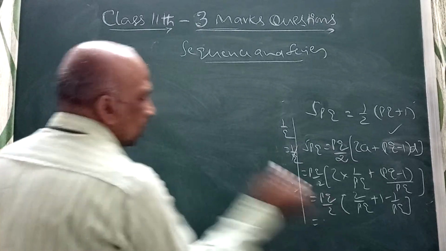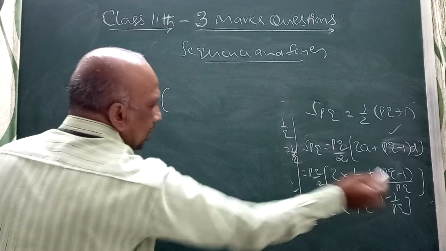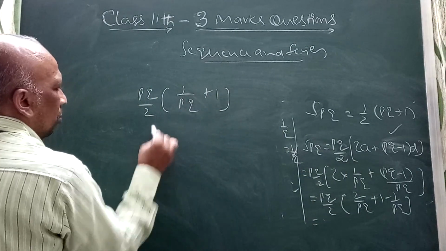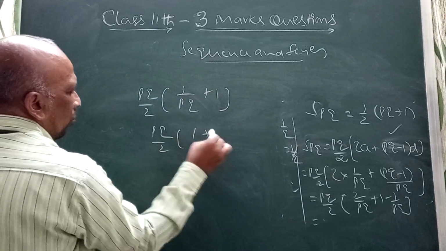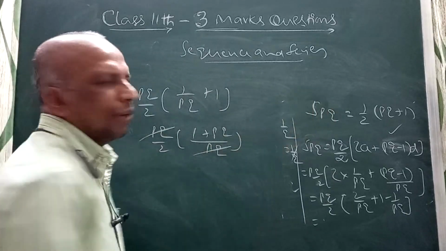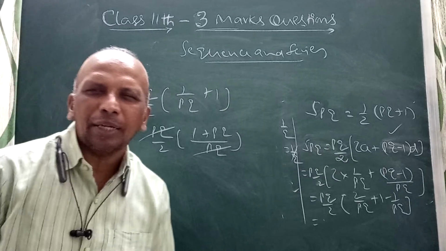Just be careful here, this is pq by 2. Then if I simplify this, you will get 1 by pq plus 1. So take the LCM, pq by 2 into 1 plus pq by pq. So this will get cancelled. That is the required answer, pq plus 1 by 2. That will be the required answer, right?